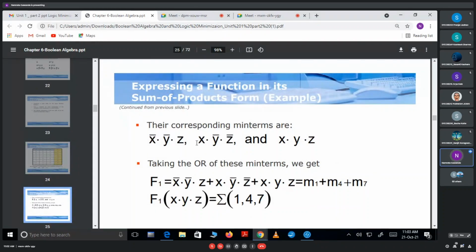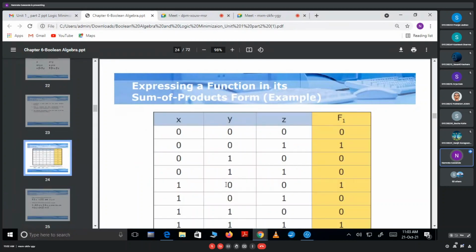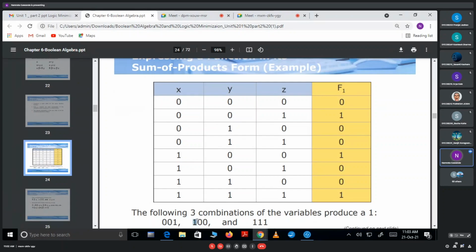Now the corresponding min term, the second term you can see, is x bar dot y bar dot z bar. Why is this written? Because another combination, 1, 0, 0, is also producing our result 1. So what is the min term you can write? That is x, because it is 1, dot y bar dot z bar.